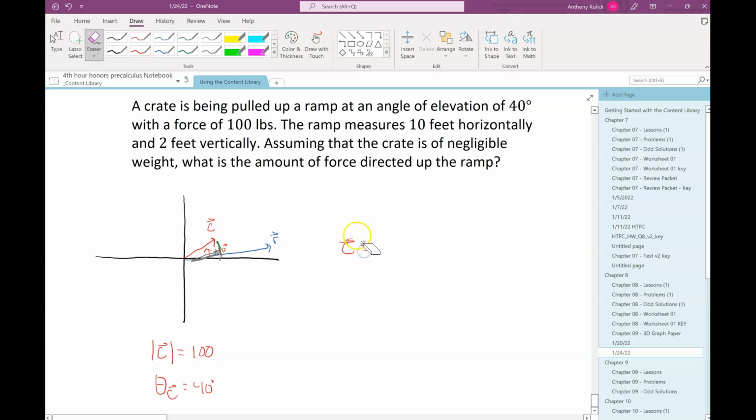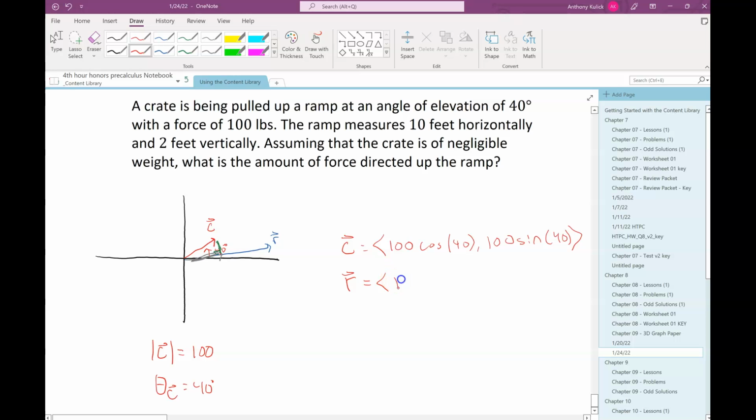So we'll start by rewriting the crate vector in component form, doing the same thing that we did before. And then we need to rewrite the ramp vector in component form. Mr. Kulik, I don't know the magnitude or direction of the ramp vector. You know something better than that, though.